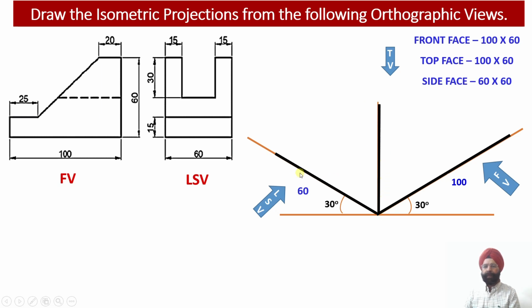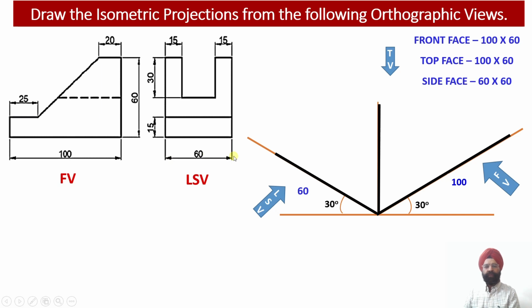This xy plane appears on the left hand side and will contain the information related to the left side view. So we have to make sure that the face xy corresponds to the left hand side view. Now let us see the dimensions corresponding to the left hand side view.